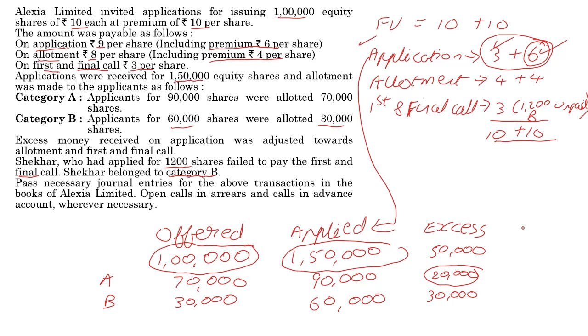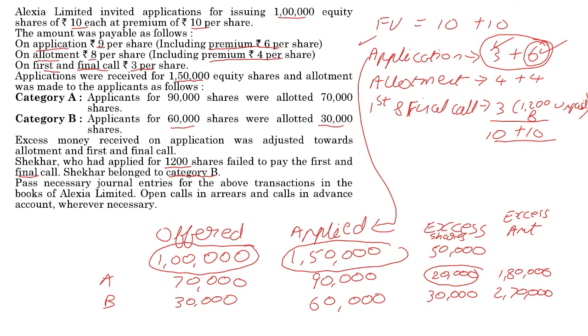Excess amount is going to be 20,000 into 9, which is 1,80,000. Similarly, 30,000 into 9, which is 2,70,000. Make a neat table for yourselves, labelling this excess amount.